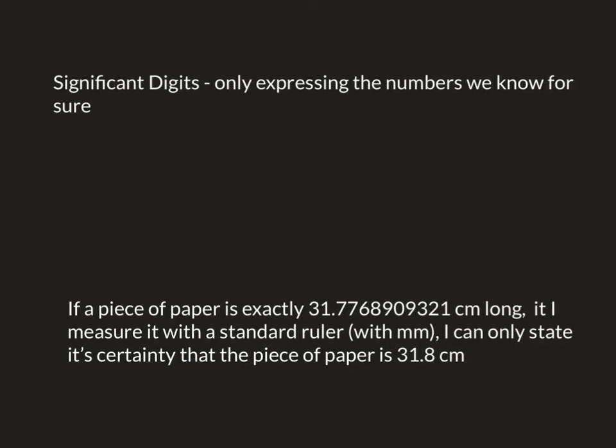imagine I've got this ruler here, and I measure something, and it's tough because this doesn't really have numbers on it. Let's say whatever it is we're trying to measure ends up there on my ruler.